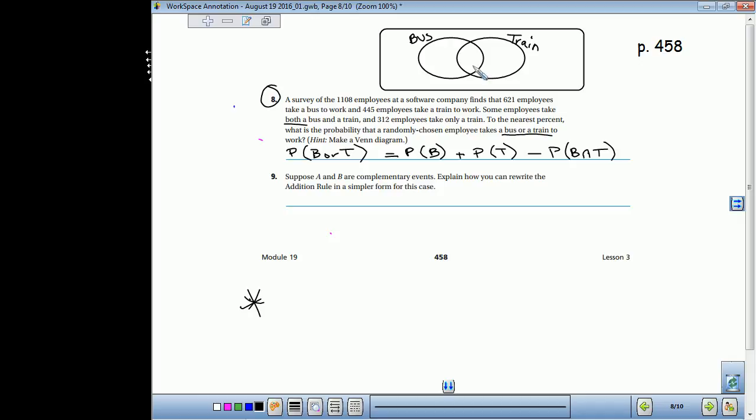They did give us that 312 employees only take the train. So I can start there. Only in the train part, 312. But 445 take the train to work. So to find the both, I would do 445 minus 312. That leaves me 133.